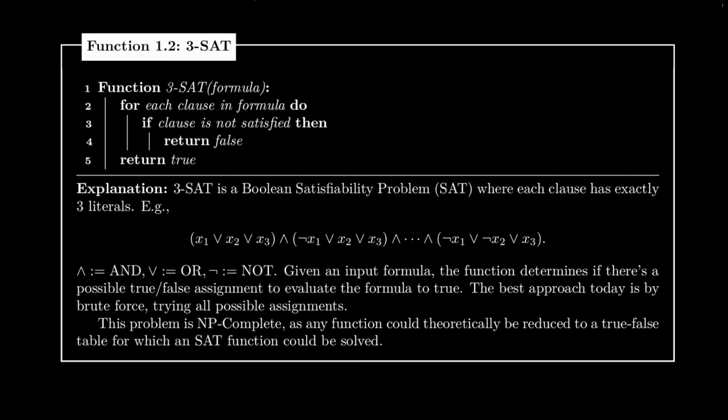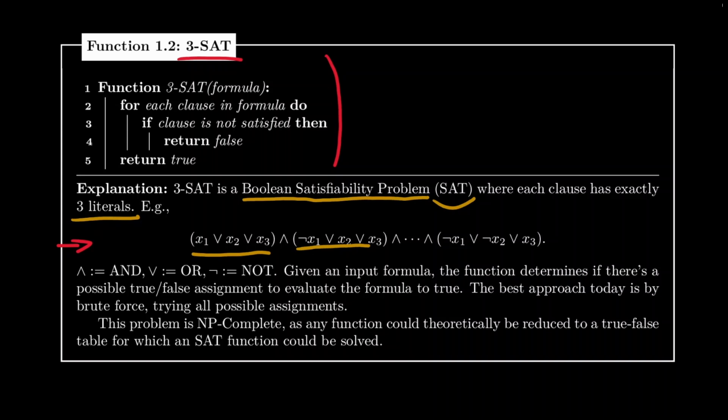The next problem we're going to be looking at is 3-SAT. So let's ignore the pseudocode at the moment so we can just focus on this example. If you understand the example, the pseudocode will make sense. So what is 3-SAT? 3-SAT is a Boolean satisfiability problem, or SAT, where each clause has exactly 3 literals. So we see 3 literals, and so on.